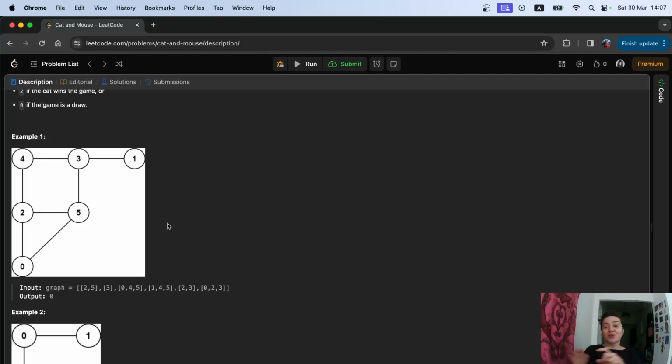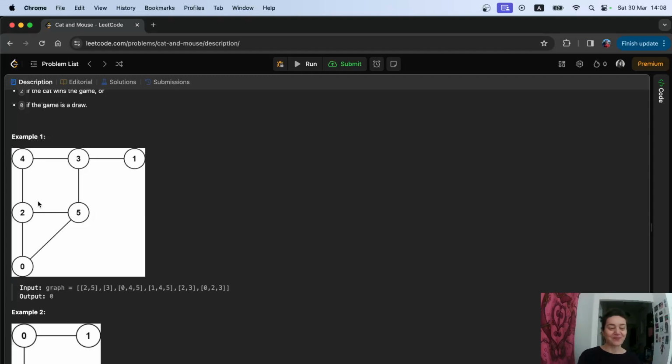Or if on one of those nodes there is the cat, of course he shouldn't go there and lose. He should choose another option. Or if it's the cat's turn and he has several options, and one of them has the mouse there, of course he should go there and immediately win. These are simple examples for optimal playing.